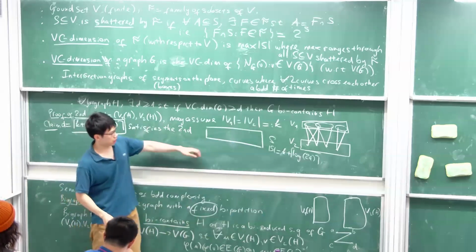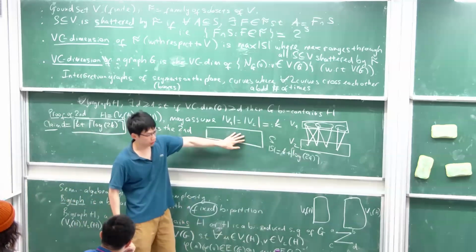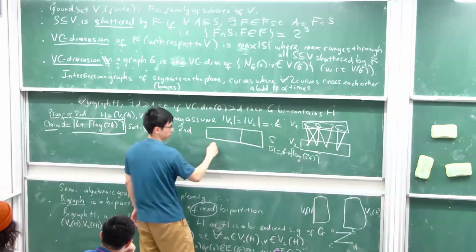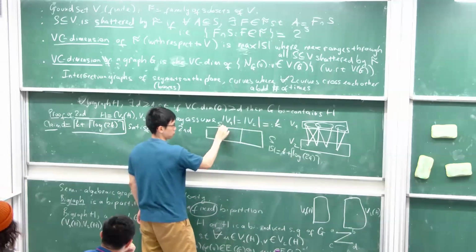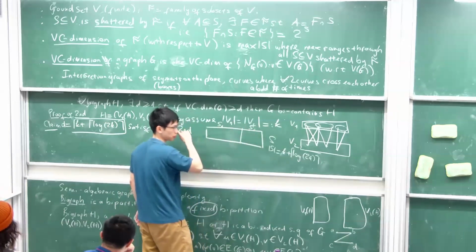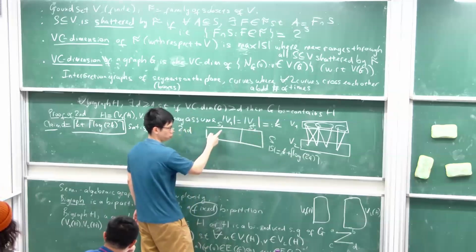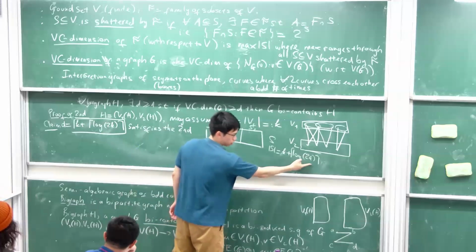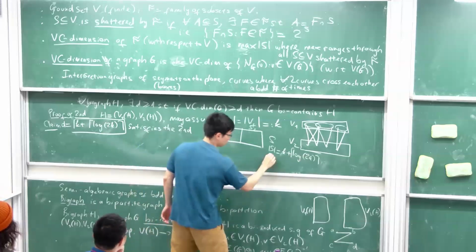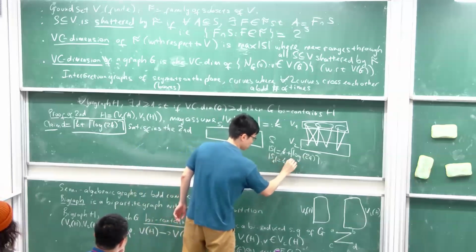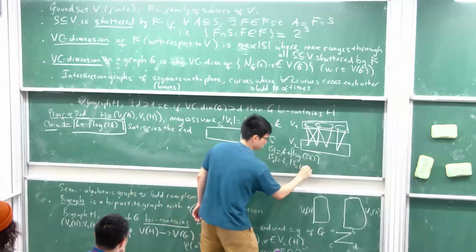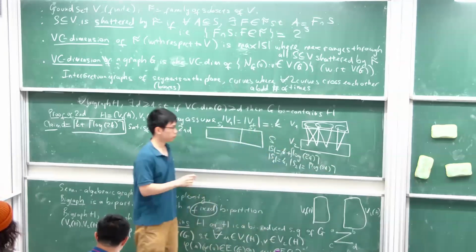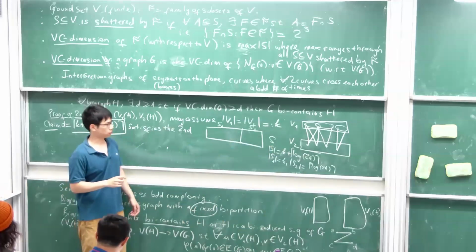And I'm going to arbitrarily partition S into two sets, S1 and S2. S1 has size exactly K, and S2 has size exactly log of 2K.